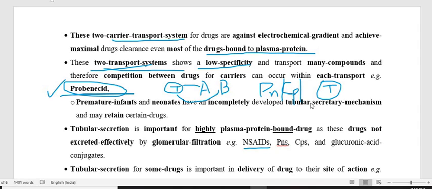So when you give probenecid and simultaneously give an antibiotic belonging to the penicillins or cephalosporins, what will happen?